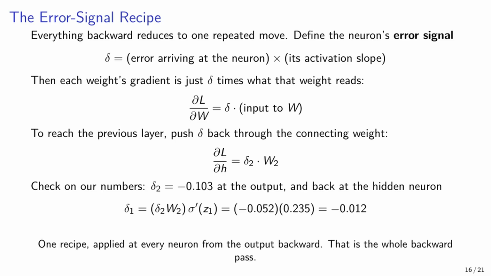One recipe applied at every neuron from the output backward. Compute the error signal, read off each weight's gradient, push the signal back one weight, repeat. That is the whole backward pass.